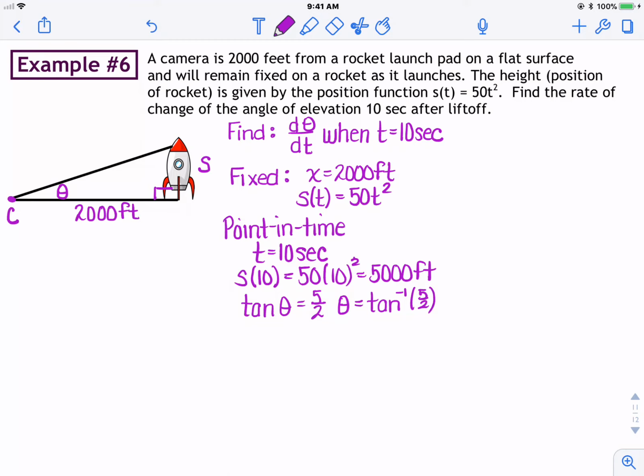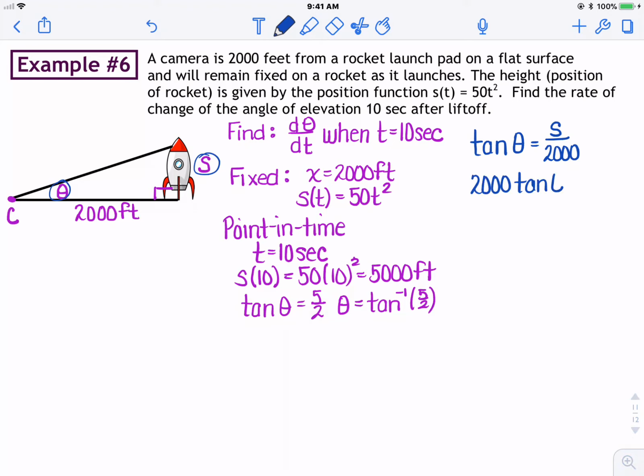So an equation that relates my theta to my side length would also be the tangent equation. That's the one that's going to relate my two variables in general. So tangent of theta equals the opposite over that 2,000. And just to make my life easier, 2,000 tangent theta equals S. Again, not for anything other than to make my life a little bit easier.